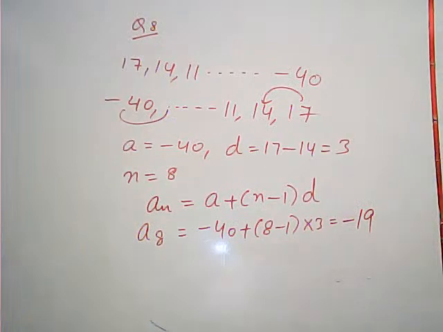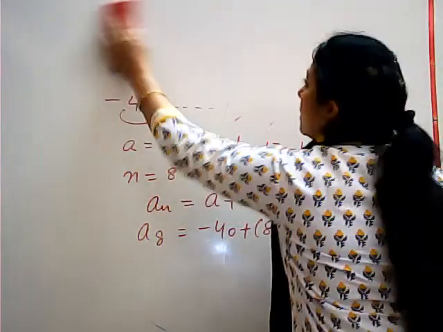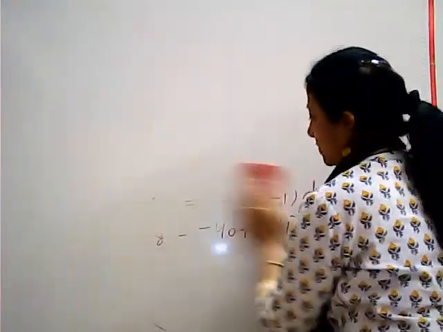Okay, done. Eighth one. Next, ninth question. One wire is there. Okay, this is your seventh previous one.